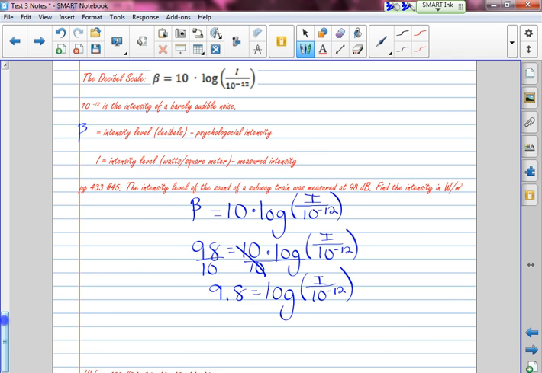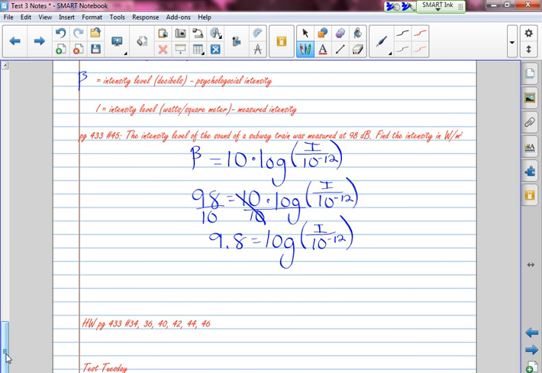And you have to know the understood base for a log if it's not written, and that is 10. So you do your cycles. 10 to the 9.8 power equals I over 10 to the negative 12. And now you know how to get I by itself. You multiply by 10 to the negative 12. Slow my video down if I'm going too fast.